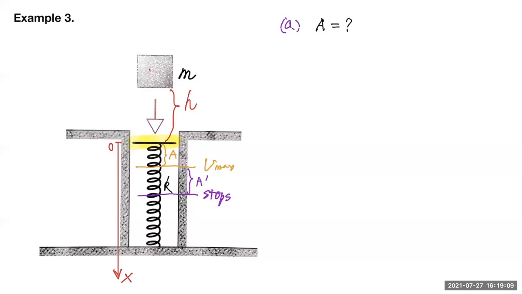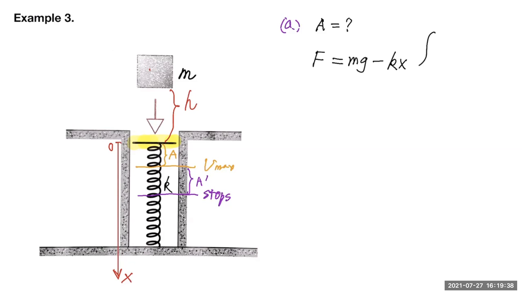And we know that once it hits the spring, the force on the block, using downward as positive, equals mg minus kx, right? mg is downward, which means positive, minus kx. The force of the spring is upward, so it's negative, right?